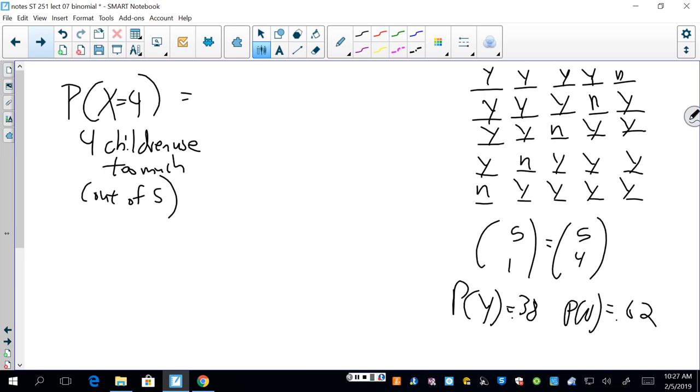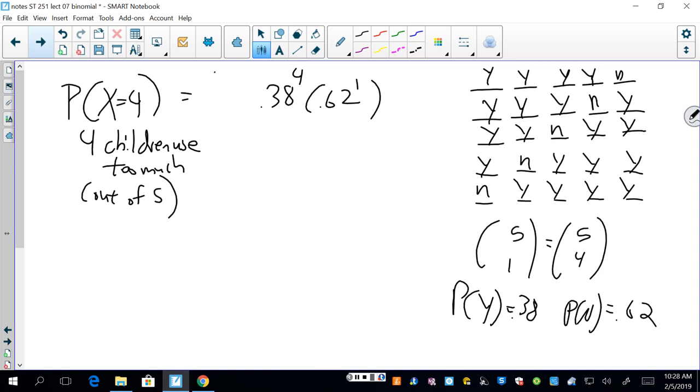The probability of this sequence. So 0.38 for the first child, 0.38 for the next one, and so on. And then 0.62. So it's 0.38 to some power times 0.62 to some power. And if it's 4 yes, then it's 4 here, and then it's 1 over here. Do you believe that it's the same probability for all 5 of those sequences?